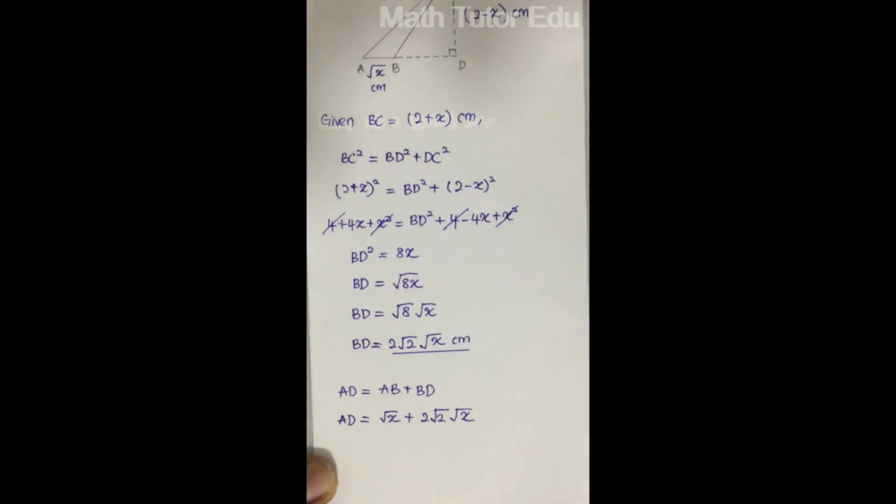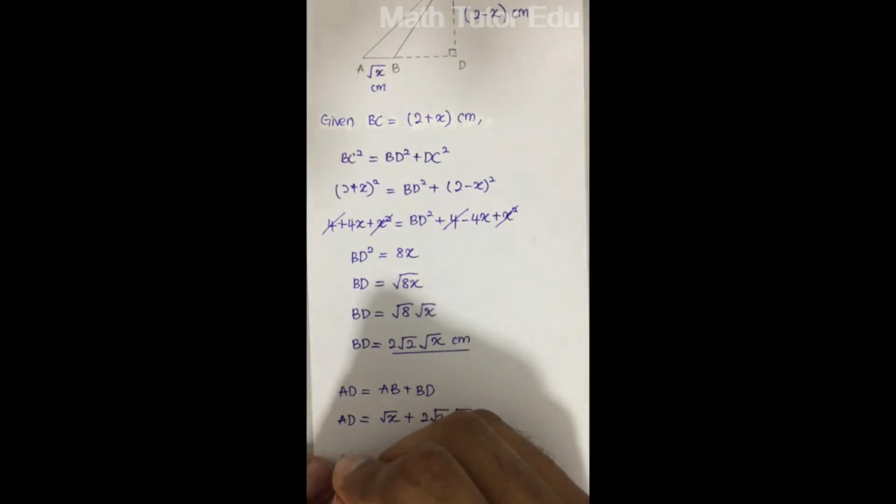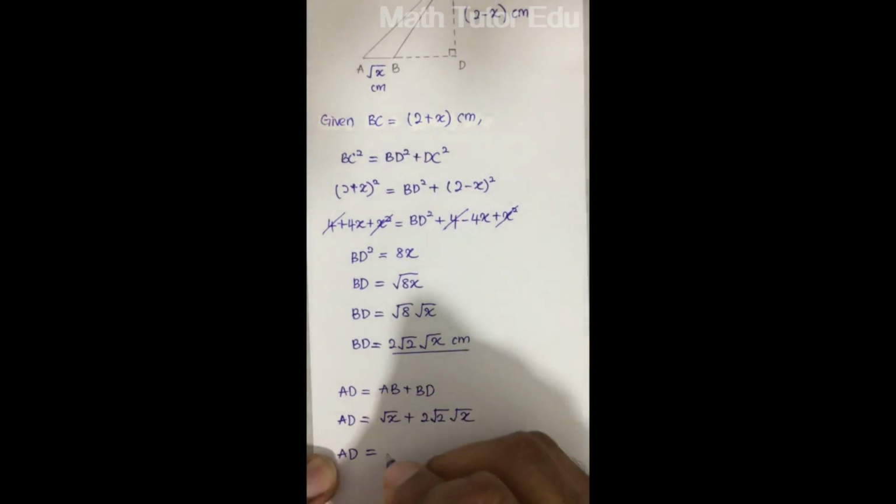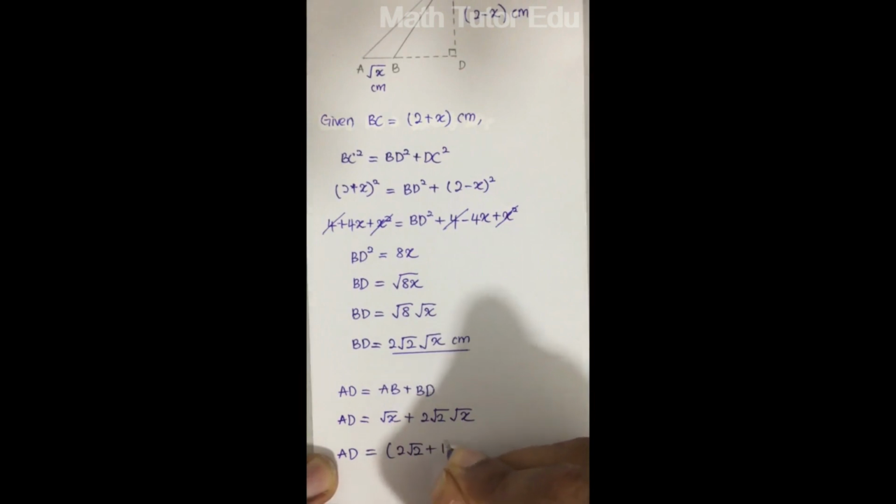So from here, let us factor out the surd x to simplify the equation better. AD will be equal to, in a bracket, 2 surd 2 plus 1, times surd x.